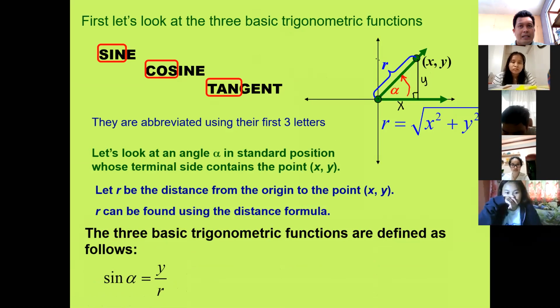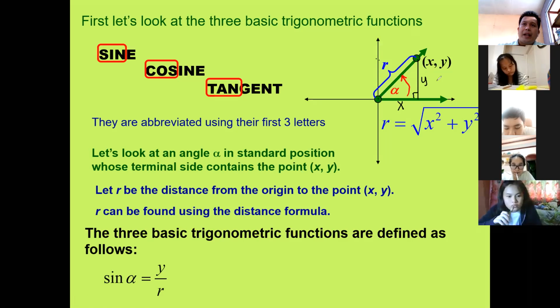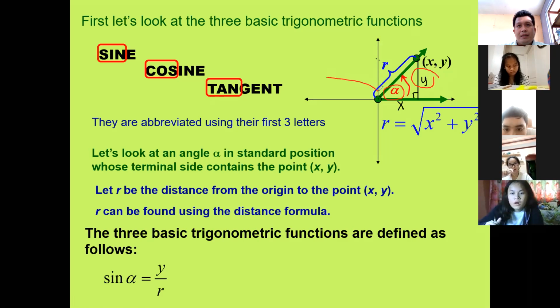Sine of alpha is equal to y over r, taken from the creation of a right triangle in the abscissa and the terminal side of your angle. By the way, what do you call alpha here, class? What is the term that can be associated to alpha in an angle in standard position?